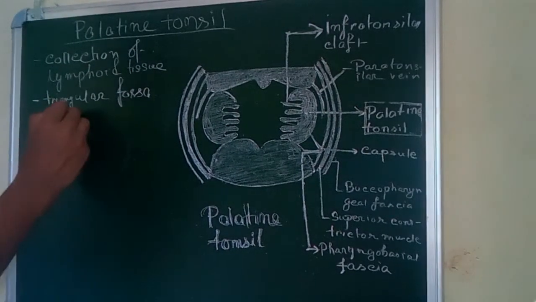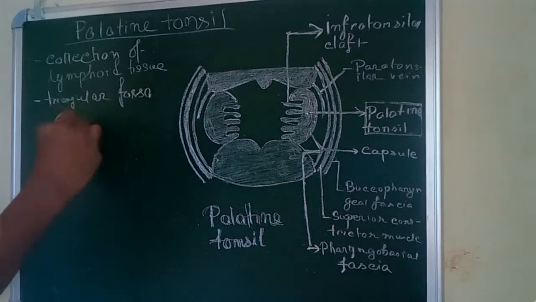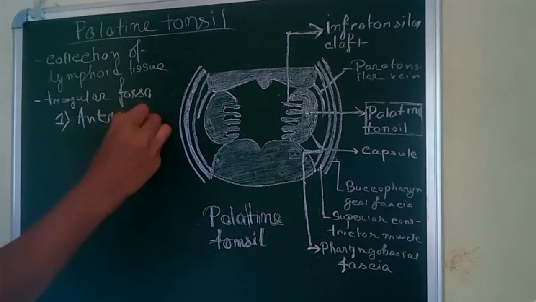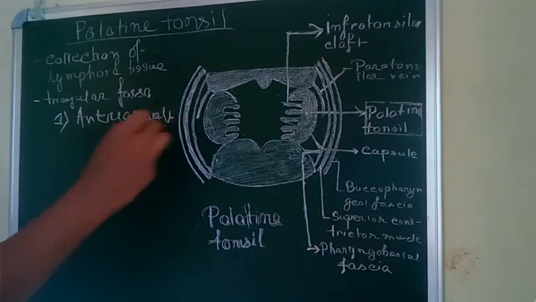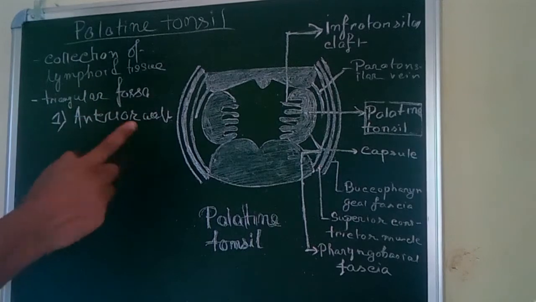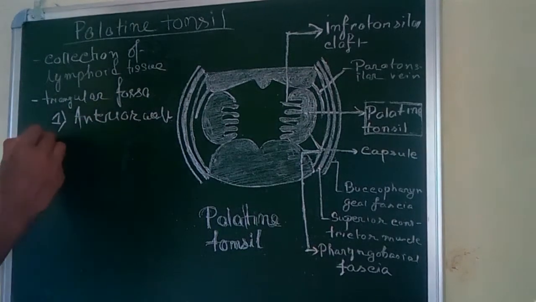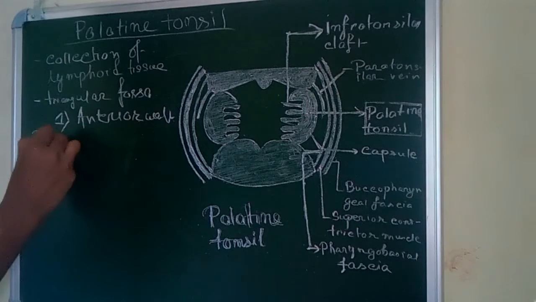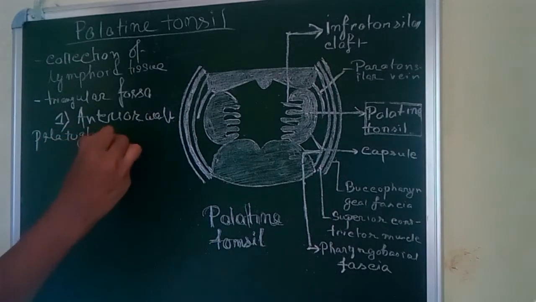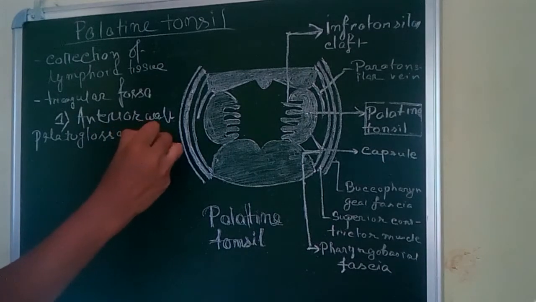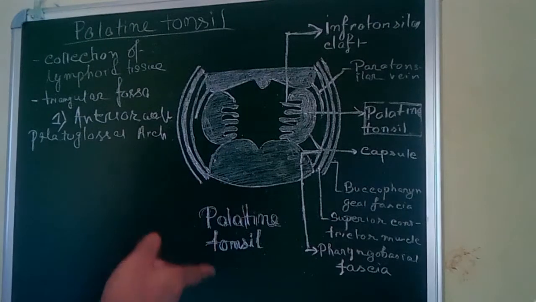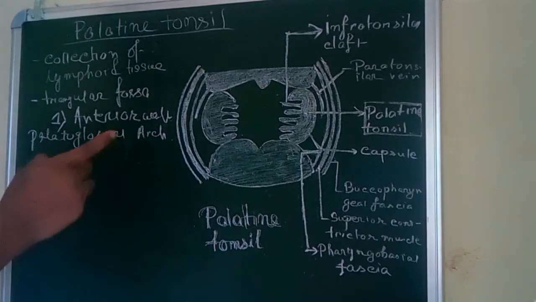Number one, the anterior wall. The anterior wall of the palatine tonsil is formed by the palatoglossal arch.